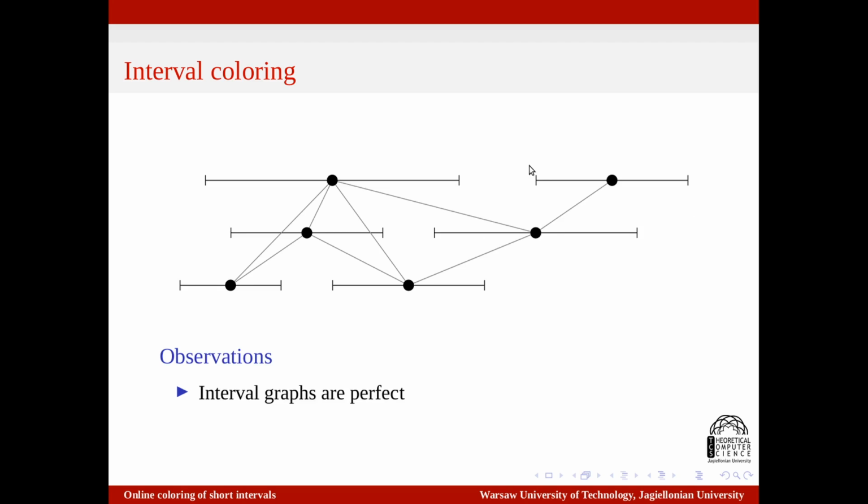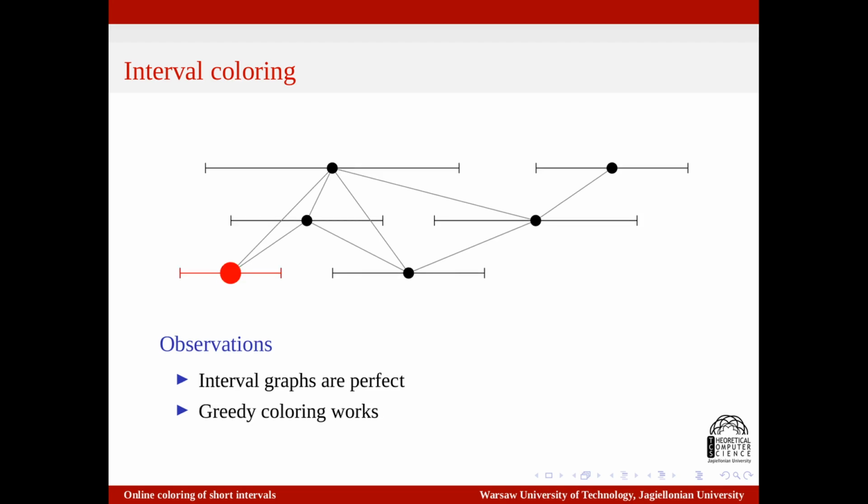And we are interested in proper colorings of this graph. So the first observation that I want to make is that interval graphs are perfect, and there is a very easy algorithm that constructs an optimal coloring.